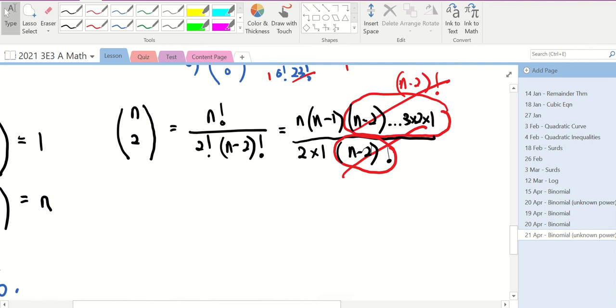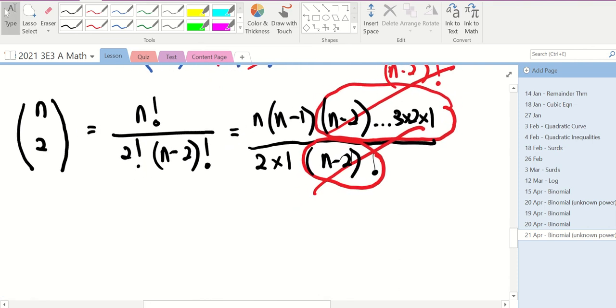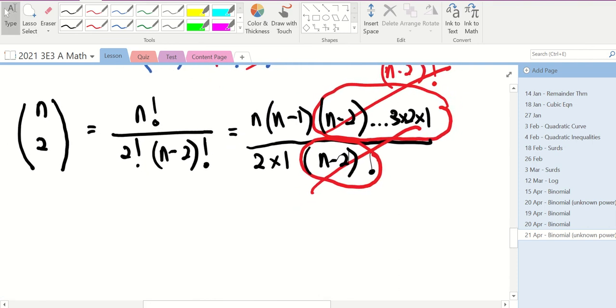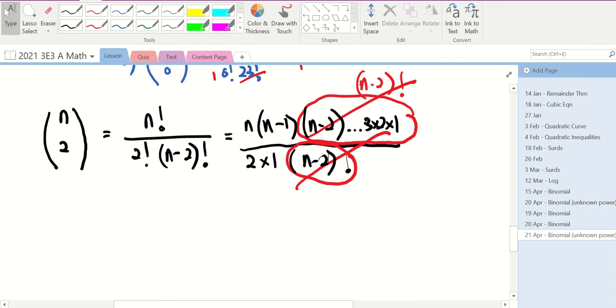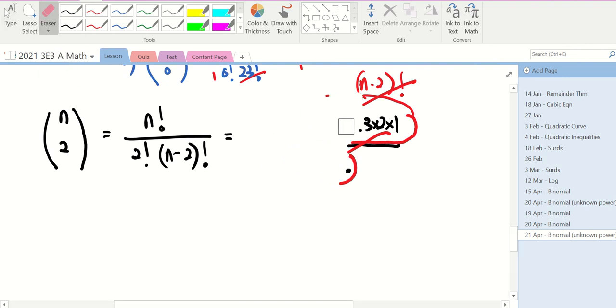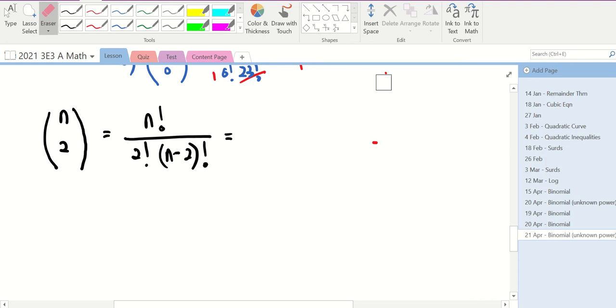How many terms do you see on top at the numerator now? 2, right? n followed by n minus 1. Below is just a 2 factorial. So to make your life easier, no need to expand and simplify, because it will mess up the whole thing. So I'm going to teach you something simple.